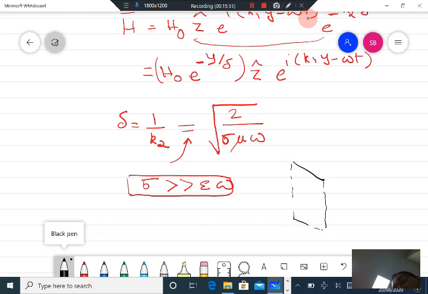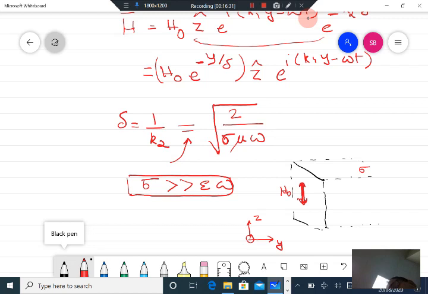So this is the metal surface, and your wave is impinging here. Let's draw it in red. This is the wave impinging on the metal, and it is of course propagating along the y direction. So this is your y direction, this is your z direction, and your x direction is out of the plane of this page.